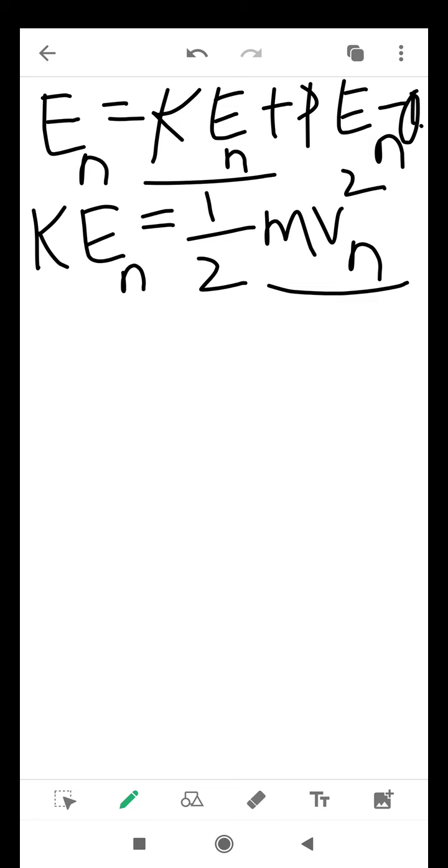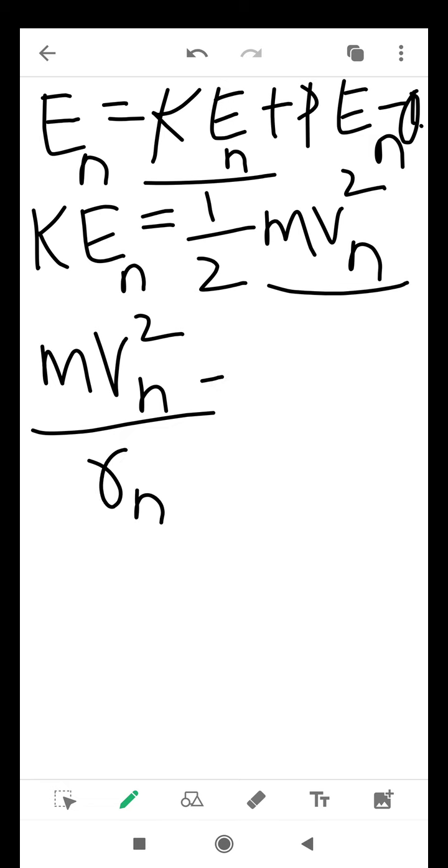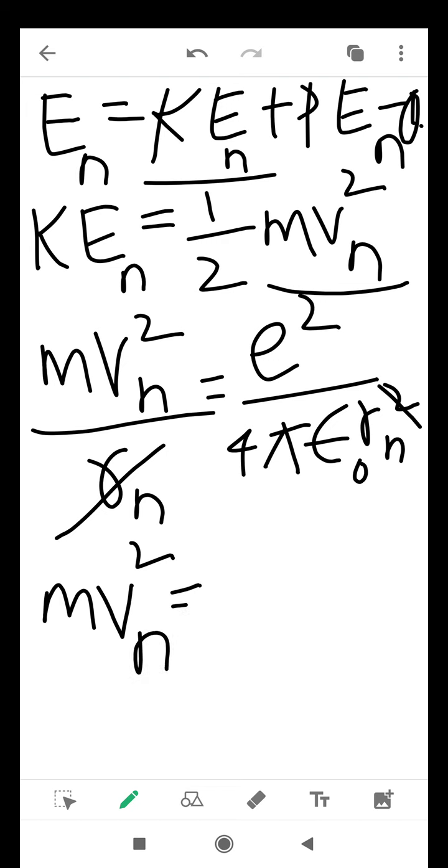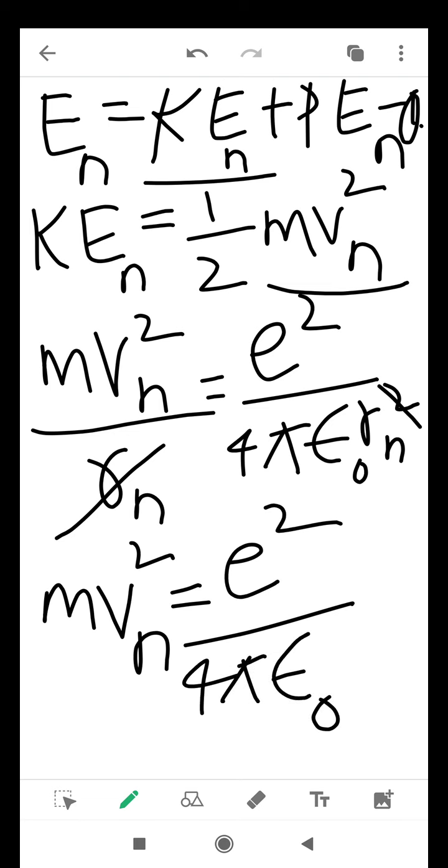So we write m v square n divided by Rn is equal to e square divided by 4 pi epsilon naught into Rn square. This centripetal force is equivalent to the Coulomb's force. Using this we will get the value of m v square n. Cancel this Rn with the Rn here. Therefore we get m v square n equal to e square divided by 4 pi epsilon naught into Rn.